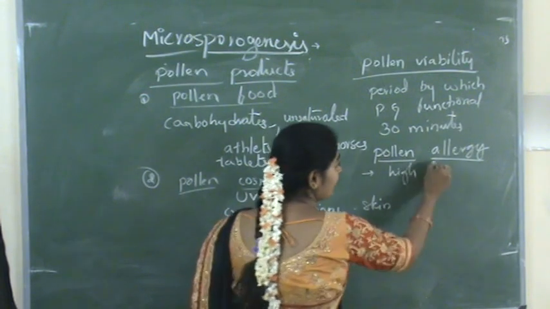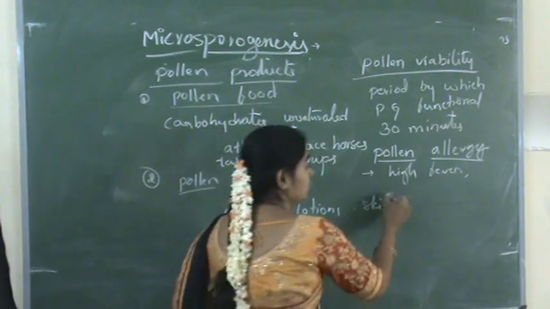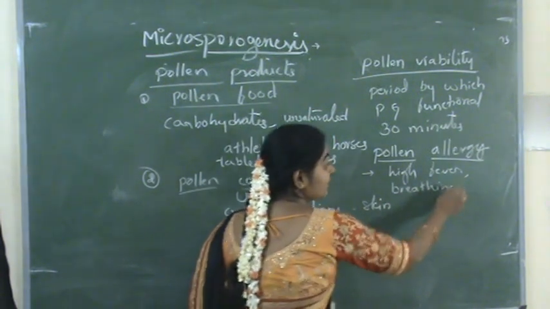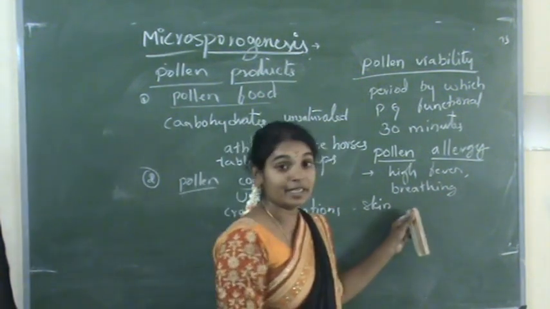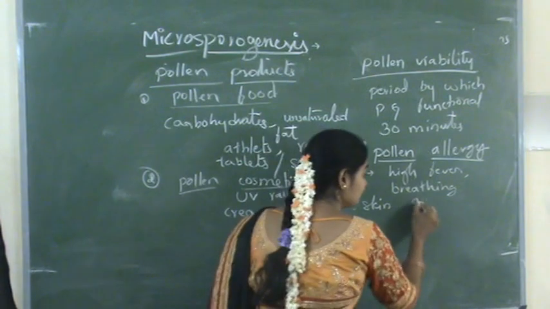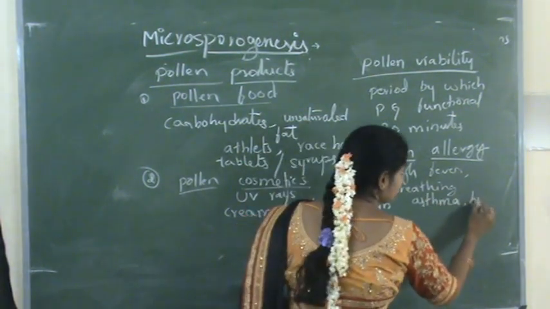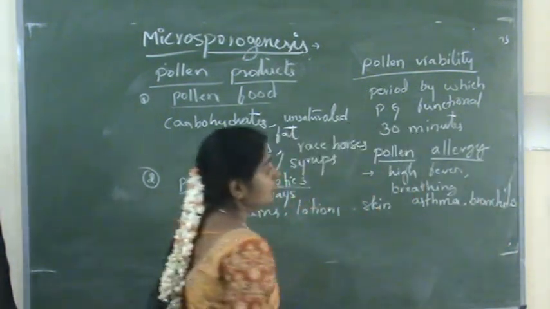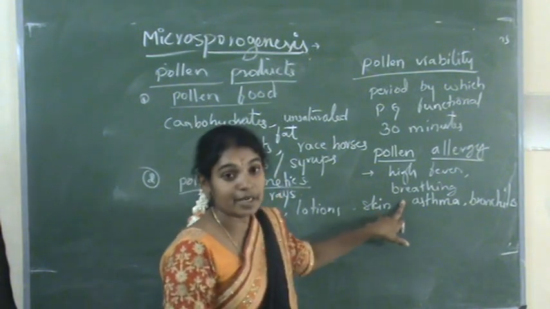It leads to high fever, and sometimes breathing problems, and it affects the respiratory tract and also causes respiratory diseases like asthma and bronchitis. So there is a chance of leading to these respiratory diseases.